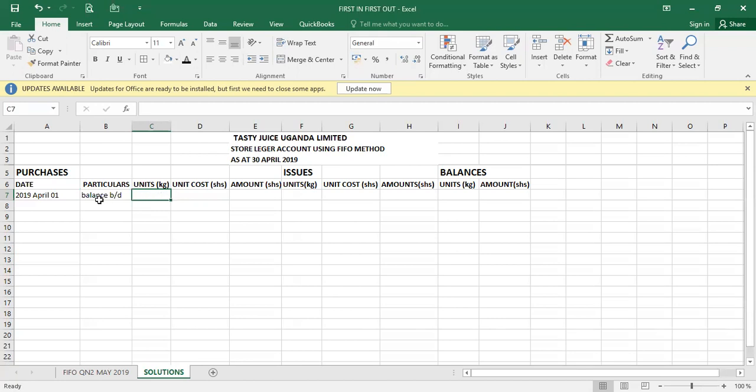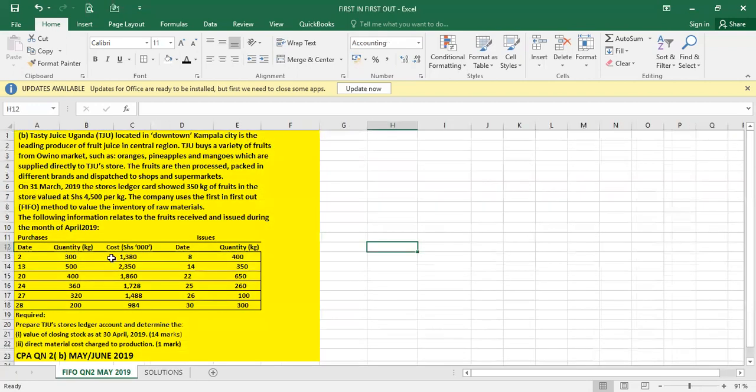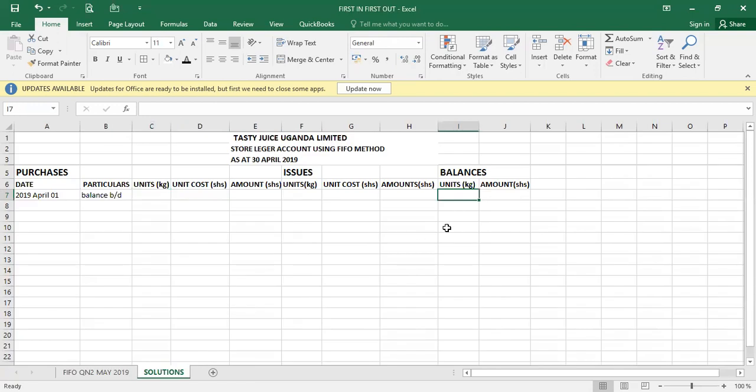Then we are not purchasing, but we just have the balances. They told us the units were 350 valued at 4,500. The units are 350 valued at, we can try to compute the answers here. It will be equal sign.